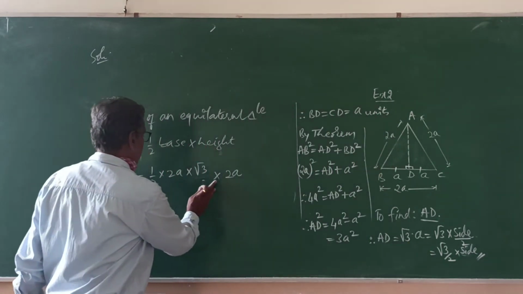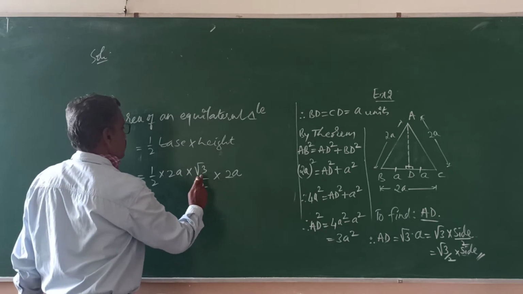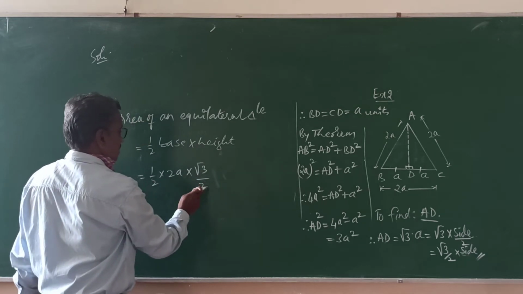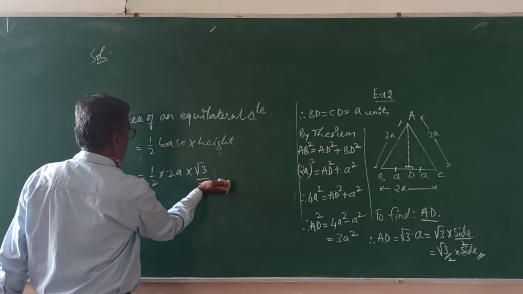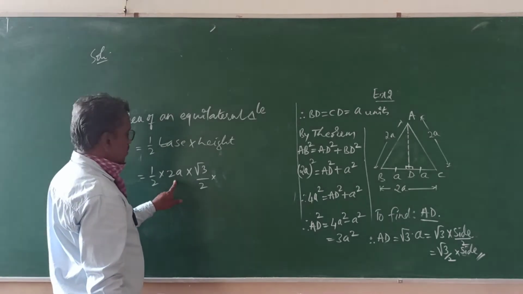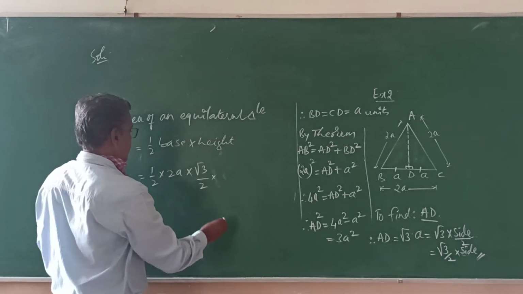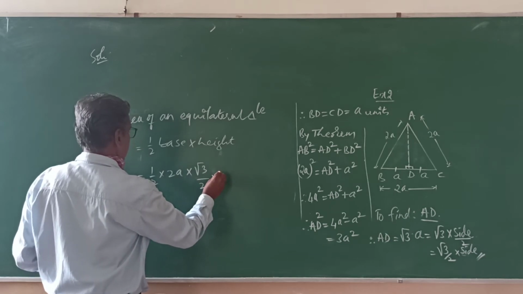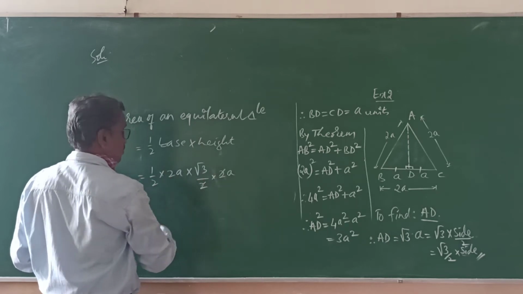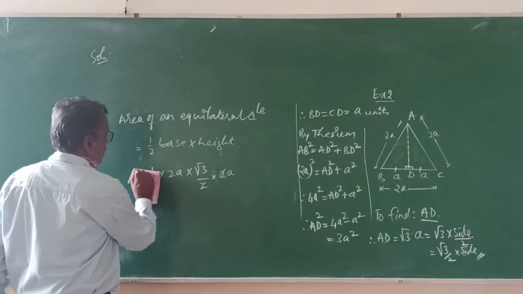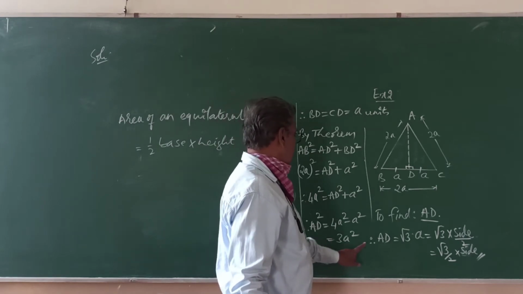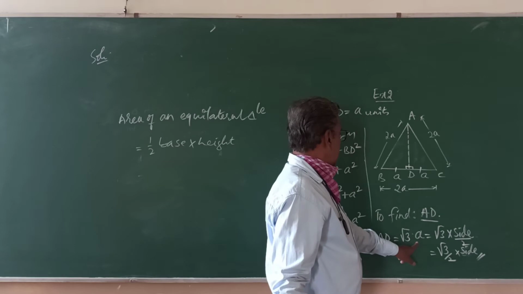Here the 2 gets cancelled. Try this: a square equals 3a square, and a equals root 3 into a, where a means half of the side.